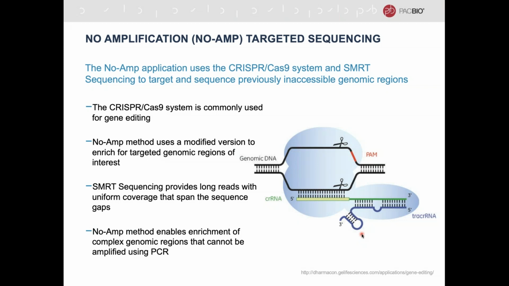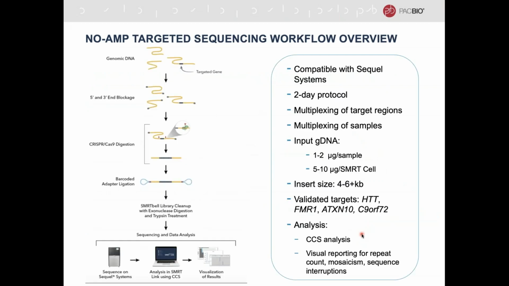By combining this with SMRT sequencing, and you already heard all the benefits from Paul, the long reads, the high accuracy and uniform coverage, we can now sequence regions that have previously been unsequenceable. All in all, this method is really great for targeting regions that have previously been inaccessible to both PCR and sequencing.